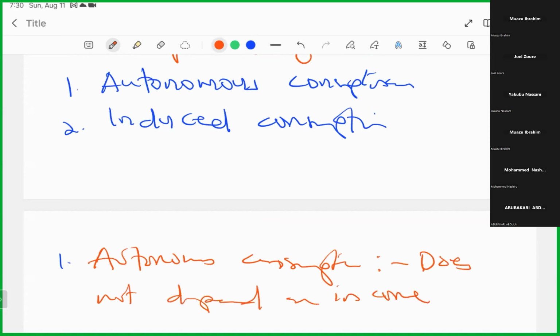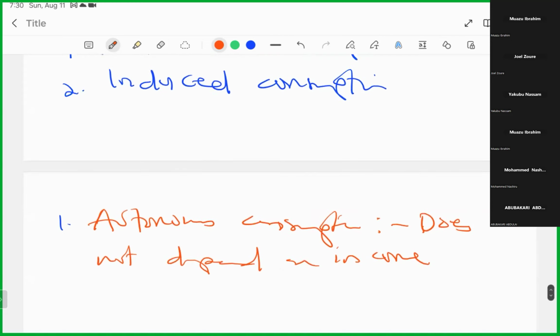Which means it is that part of consumption that you consume, but not dependent on the amount that you have as an income. So it is autonomous. Whether you have money or not, you will still get that particular consumption. For instance, maybe at home, whether you have money or not, you will get evening tea to eat. So that is an autonomous consumption.